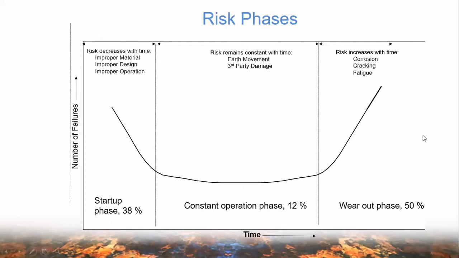As we continue to operate the pipelines, the risk will again start to increase, primarily due to corrosion, cracking, and fatigue. Almost 50% of the incidences happen in this phase.